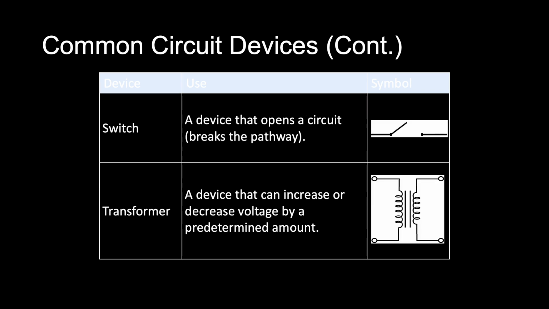A switch is a device that opens a circuit or breaks the pathway. And then the transformer is a device that can increase or decrease voltage by a predetermined amount. And again, there are the symbols that are used to label the switch and transformer when drawing the circuit.